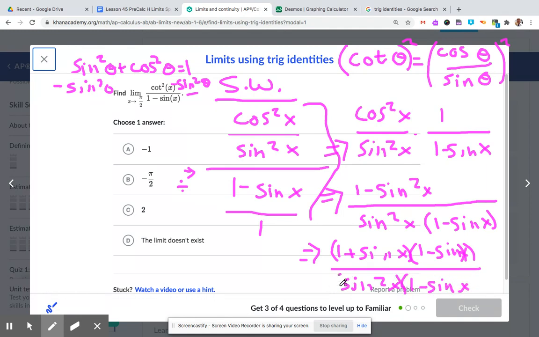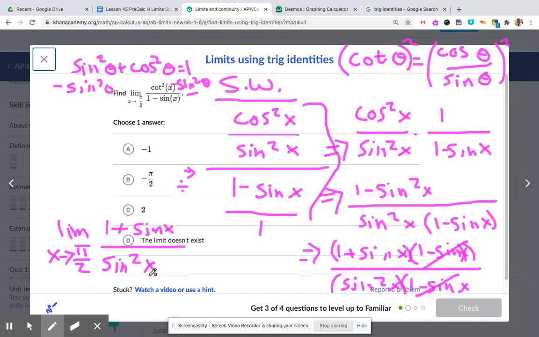1 minus sine of x cancels. So that means all of this turns into the limit as x goes to pi over 2 of 1 plus sine of x over sine squared of x.